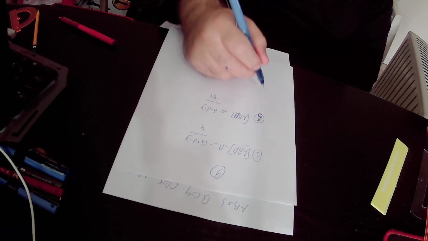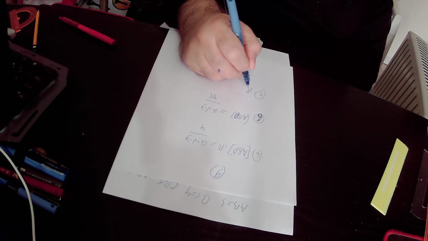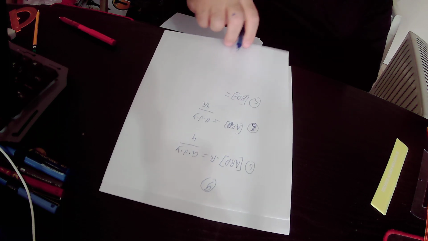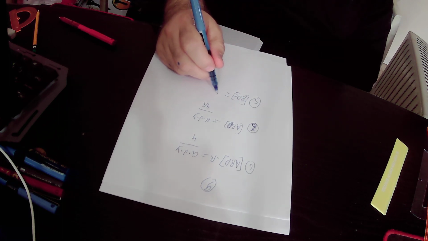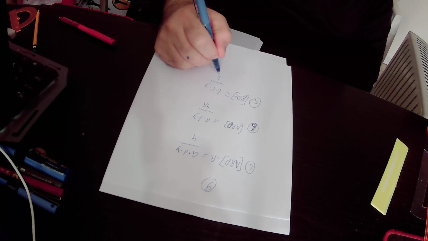And from equation number 5, we also know that the area of triangle BDC equals b times c times y over 4r.